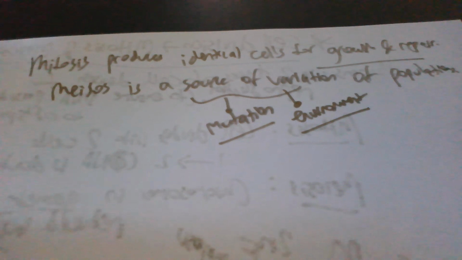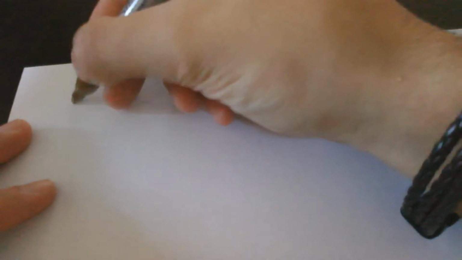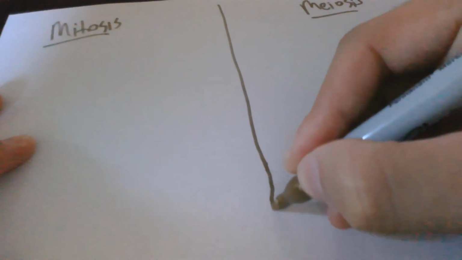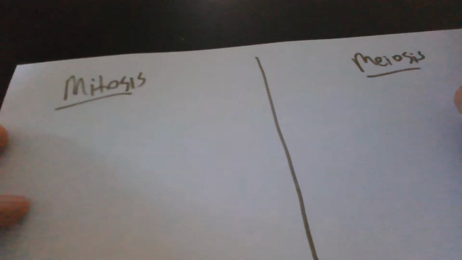Let me now draw, in simple terms, what meiosis and mitosis look like, okay? As simple as I can. So on one end we have mitosis, on another end we have meiosis. Here's what it looks like. So mitosis, remember, you start off with one parent cell.